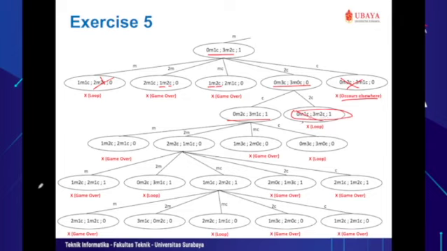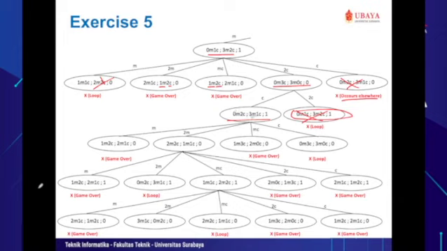Again, this state will not be chosen. Why? Because it will result in a loop back to its parent state. So we choose to move one cannibal from the west bank to the east bank. And then from this stage, we know that we can make five moves: either moving one missionary, two missionaries, one missionary and one cannibal, or one cannibal, or two cannibals from the east bank to the west bank.